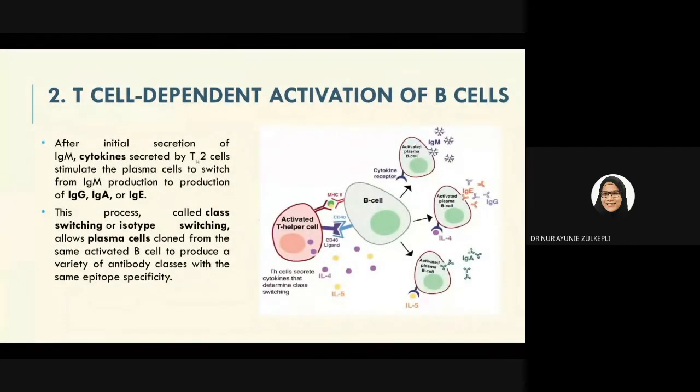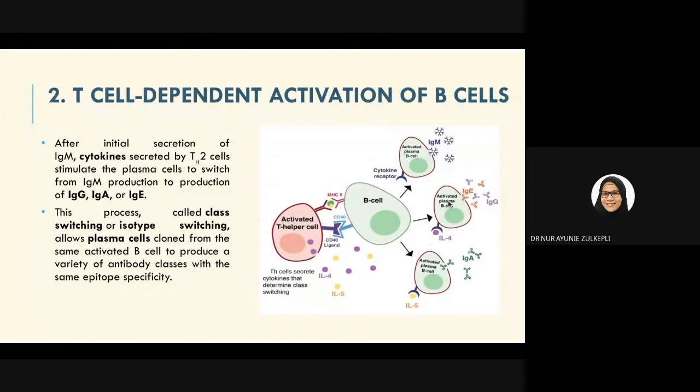As I said, there are 5 different classes of antibodies. The first antibody produced is pentameric IgM. So what about the others? Upon initial secretion of the pentameric IgM, cytokines secreted by the Th2 will stimulate other plasma cells to switch from producing IgM to producing other antibodies, for example IgG, IgA, IgE.